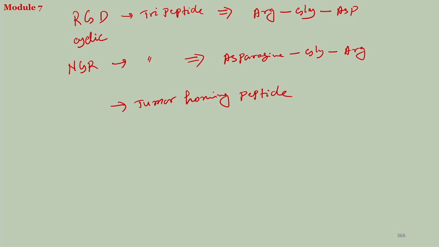Almost similar to CREKA, these peptides will also have receptors in tumor cells. So, they can go and specifically bind to the tumor cells. Tumor homing peptide means they can go and stay with the tumor cells.